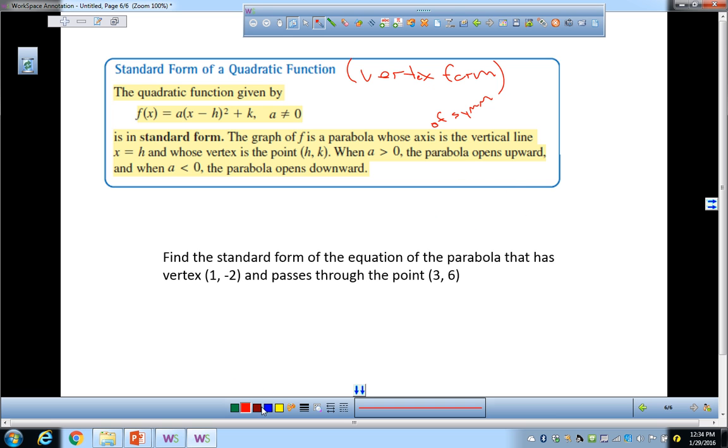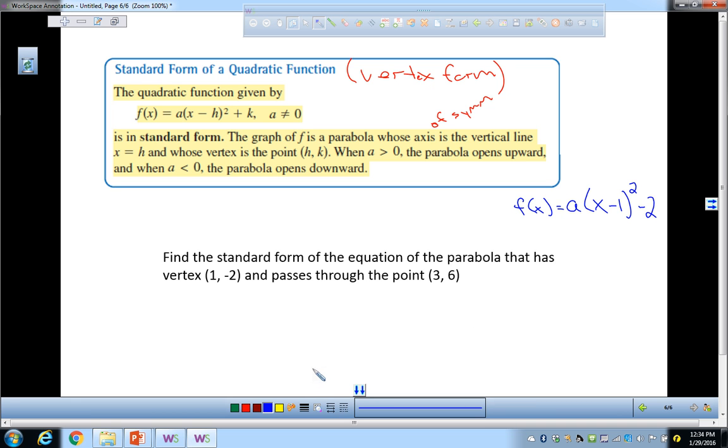I'm going to not write in red anymore. If I were to do that, I get f of x is equal to a times (x minus 1) squared, since h is 1, and k is -2, so minus 2.